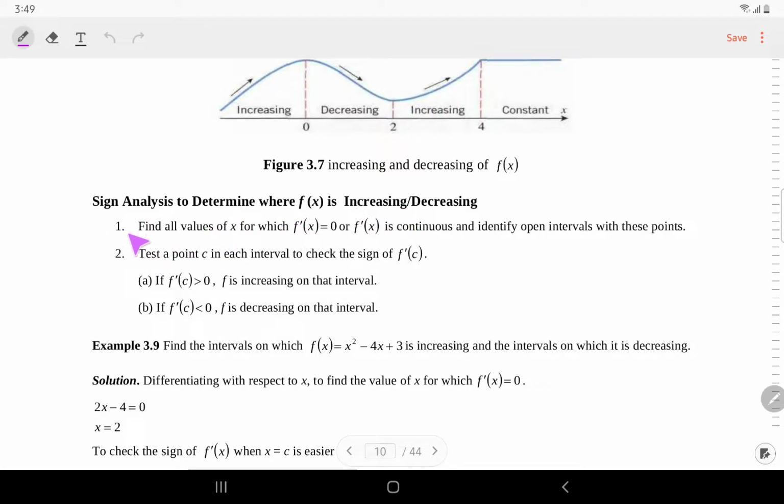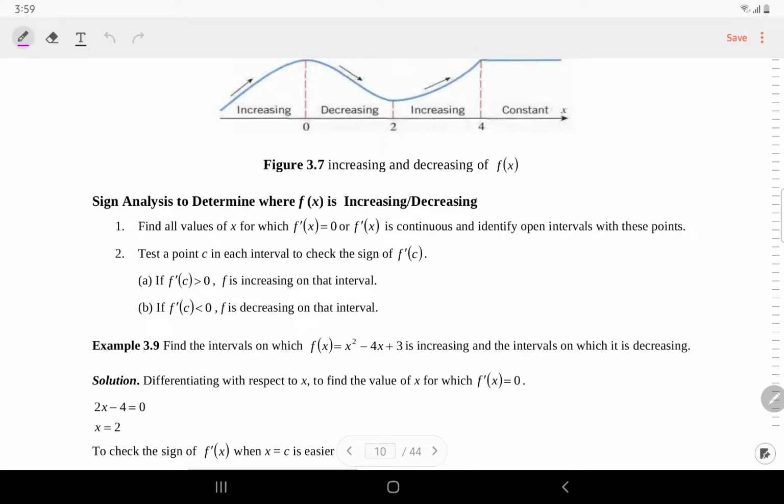The first step is to find all values of x for which f prime x equals 0. You set up f prime x, differentiate that function and then equate it with 0, and then find the value of x. From that value of x, we can create the intervals.